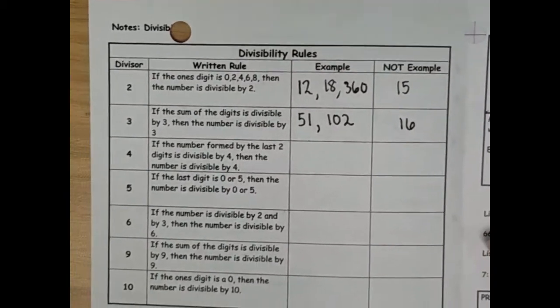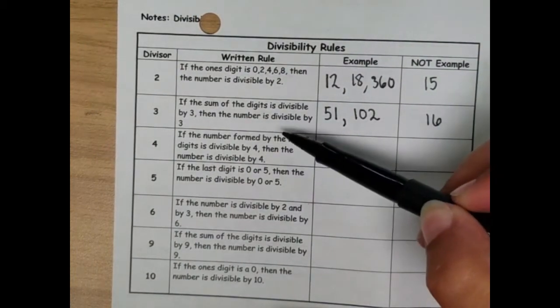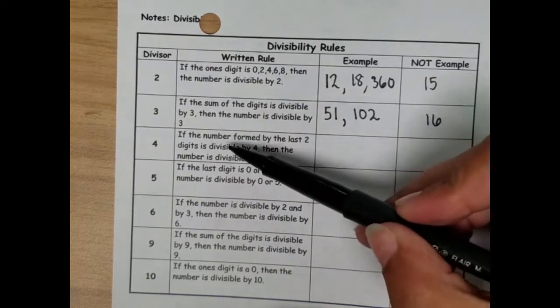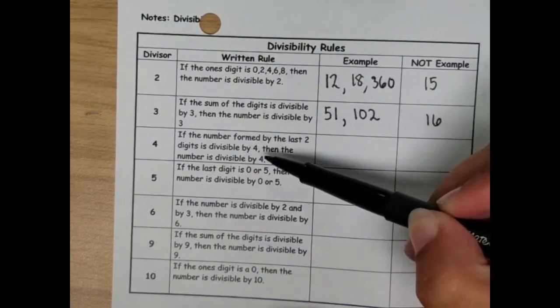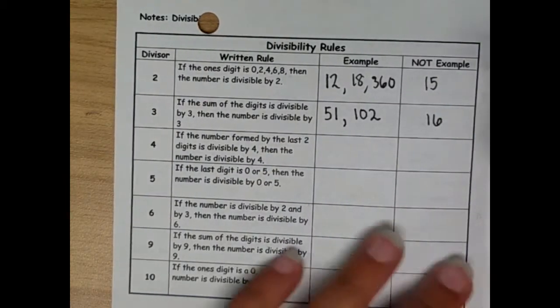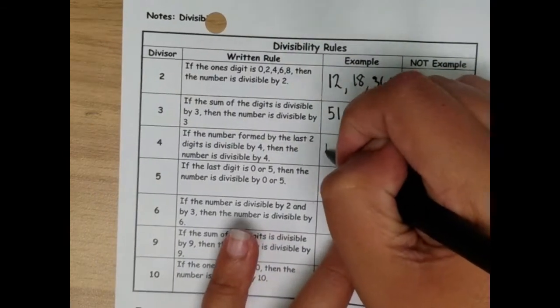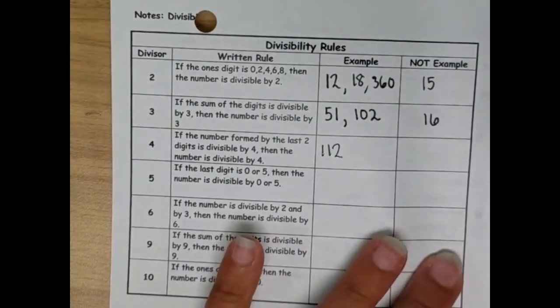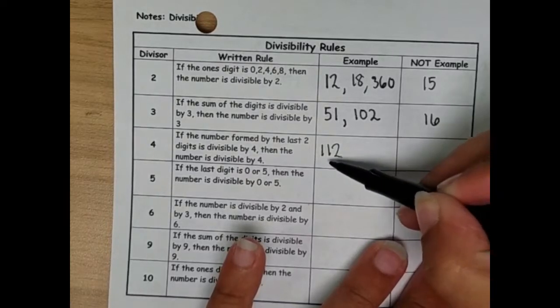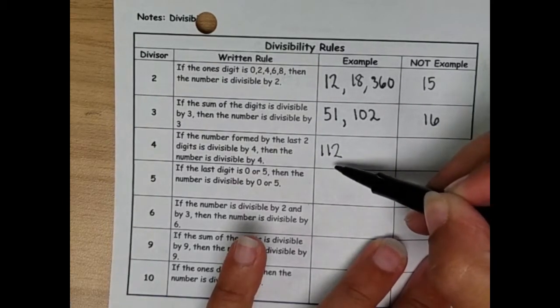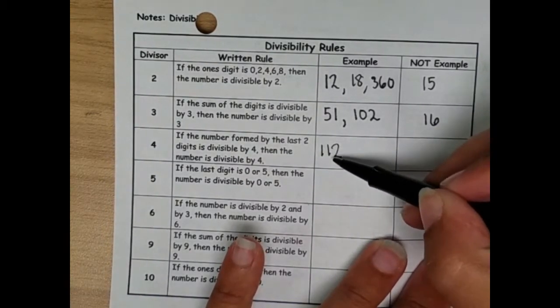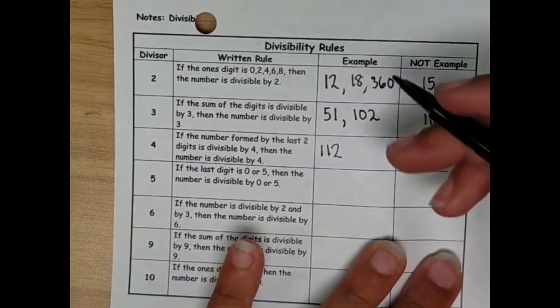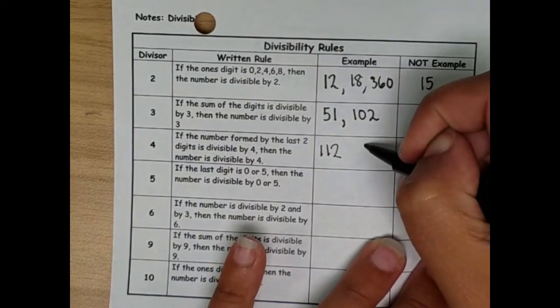All right, moving on to 4. If the number formed by the last 2 digits is divisible by 4, then the number is divisible by 4. So for example, 112. The last 2 digits make 12. Can 12 be divided by 4? Yes. So therefore 112 can be divided by 4. 48.